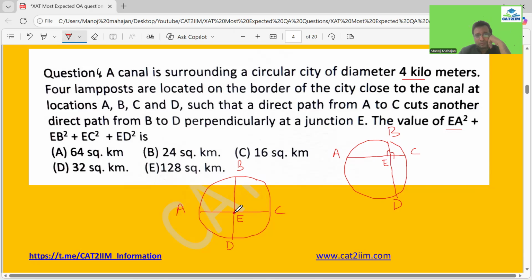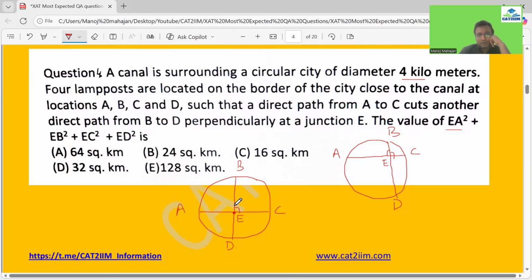Let me assume the center of the circle. So the two diameters are intersecting at this point E, which should of course be the center of the circle, right?